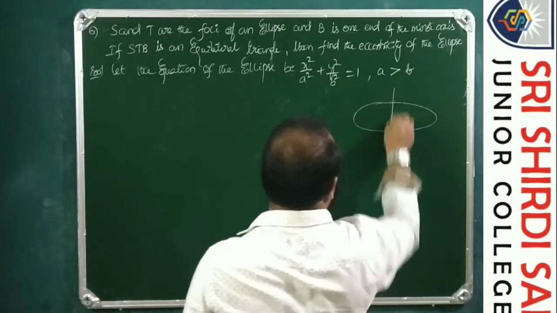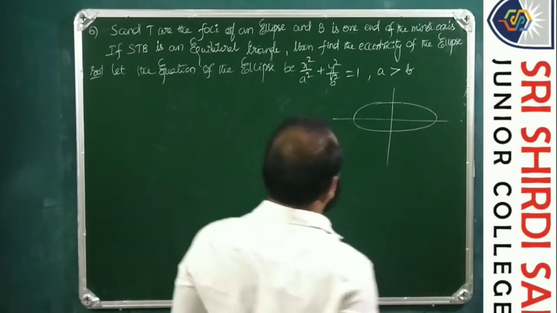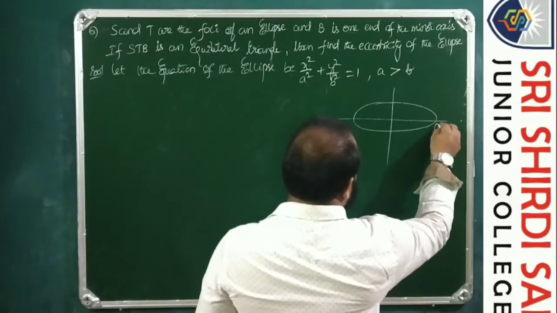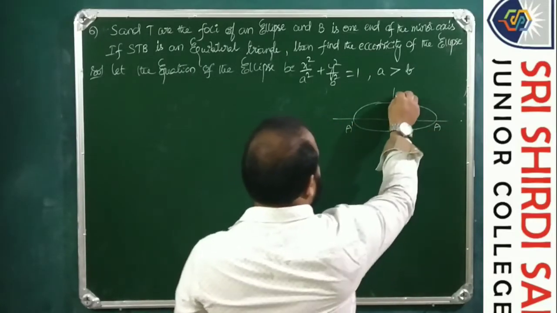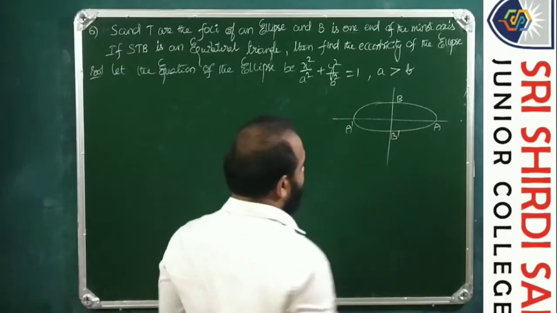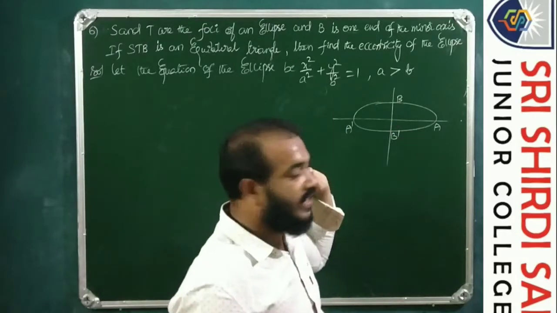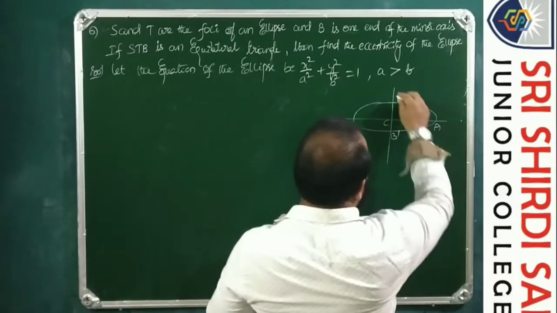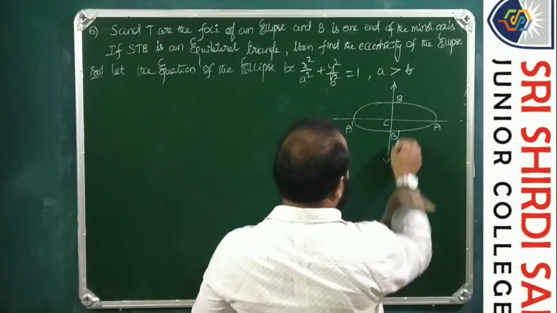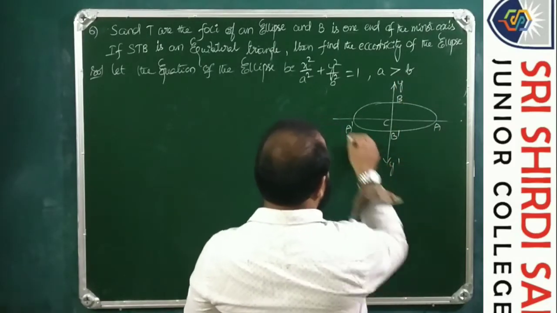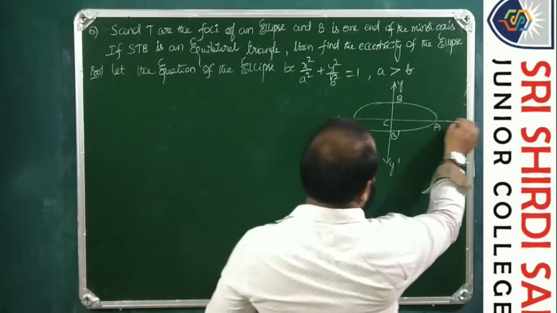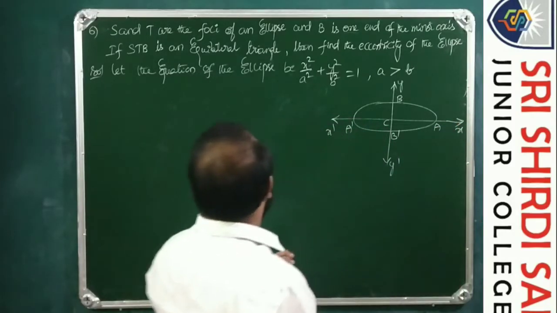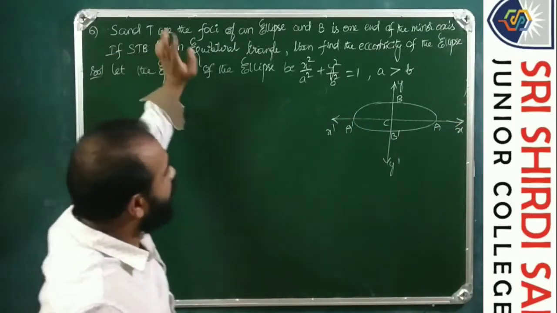Now, so this is A dash, B dash. This is major axis and this is minor axis. C be the center. So this is, now here S comma T are the foci.